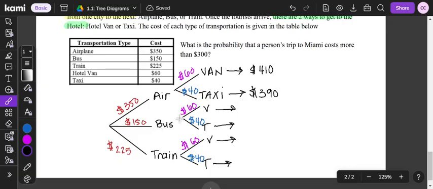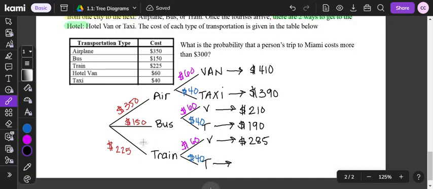Okay, then we have bus plus van, 150 plus 60, that's $210. We have bus plus taxi, that's 150 plus 40, we have $190. Then we have train plus van, that's 225 plus 60, this is $285.